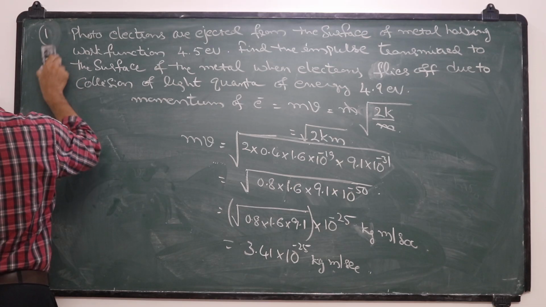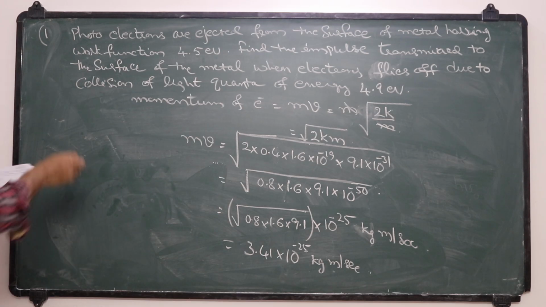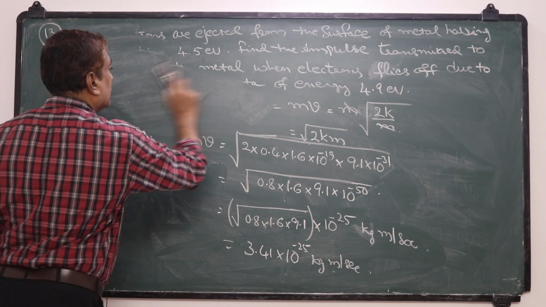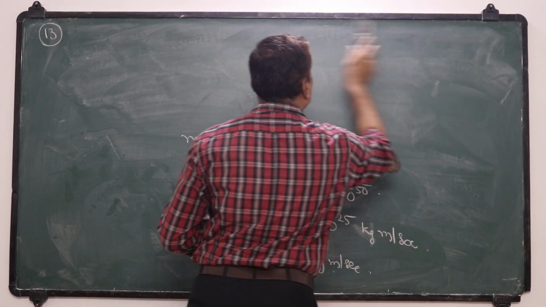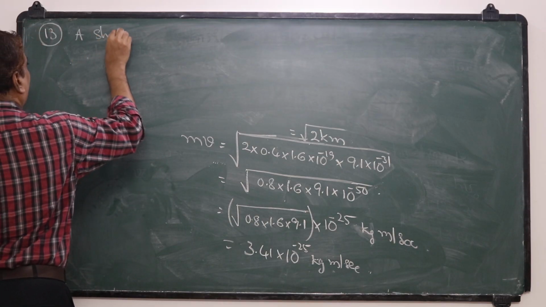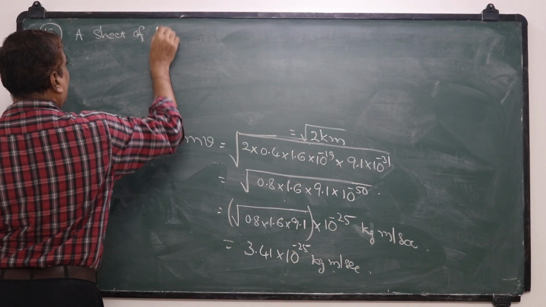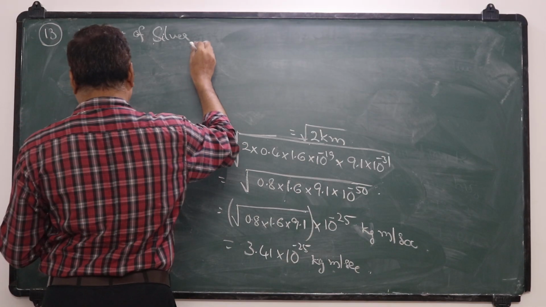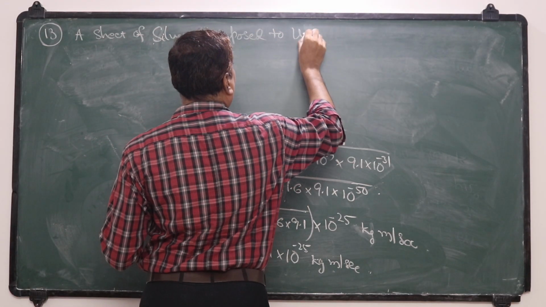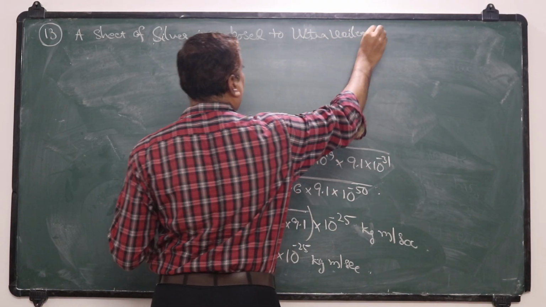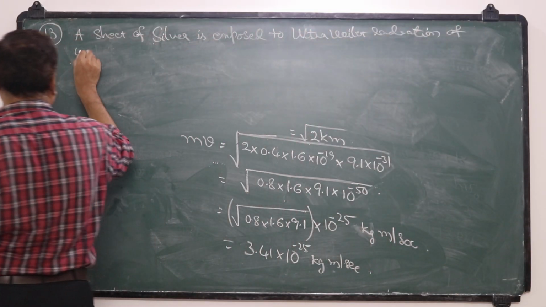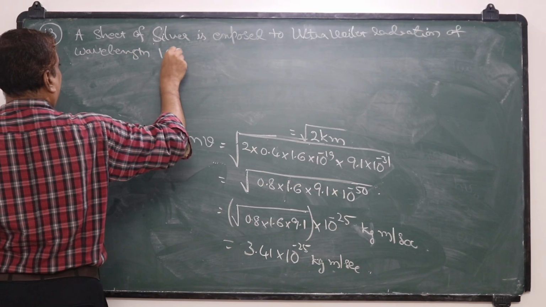Now the 13th one. A sheet of silver is exposed to ultraviolet radiation of wavelength 1810 Armstrong.